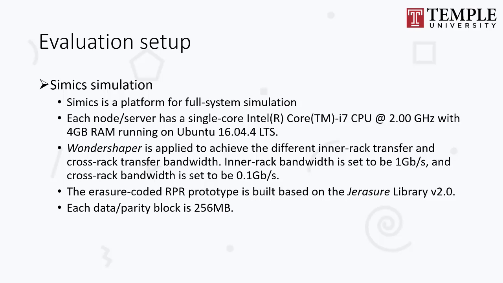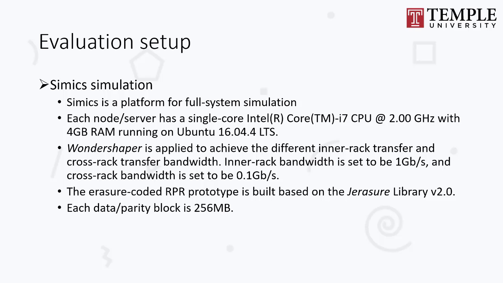So we evaluate the RPR scheme from two aspects: the simulations on the CMIX simulator and the evaluation on Amazon Web Service EC2. First, let's look at the CMIX simulation. CMIX is a platform for full system simulation that is sufficiently generic to model embedded systems, desktops, clusters, and more.